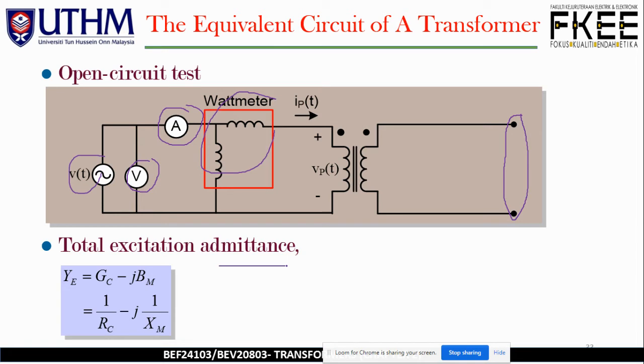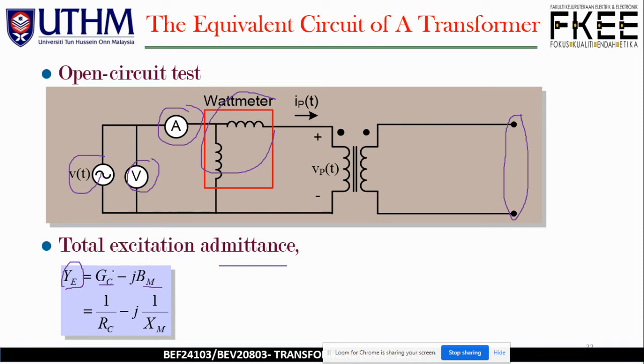So what is admittance? This is how easily a circuit or device will allow a current. This means how easily the current flows inside the circuit. We have YE equal to GC minus jBM.